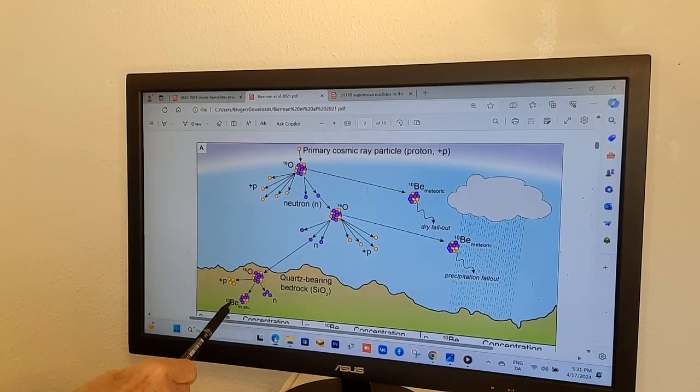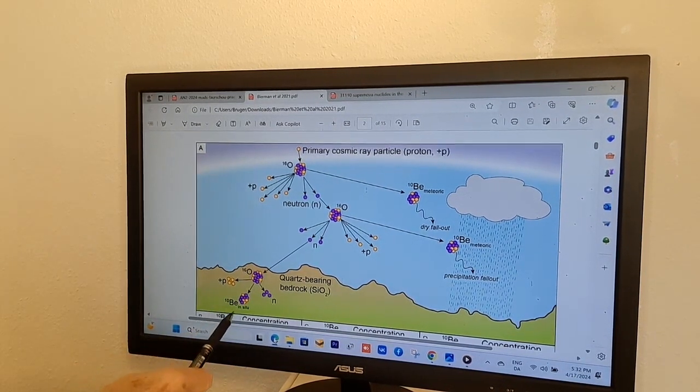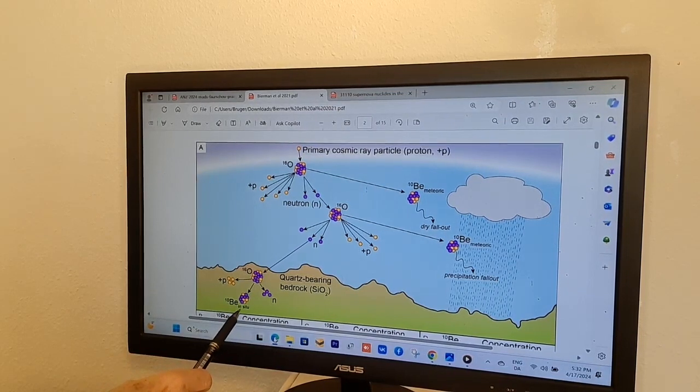Why am I talking about beryllium-10? It's because this one here is radioactive. It's radioactive, and it has a half-life of 1.4 million years. It decays.